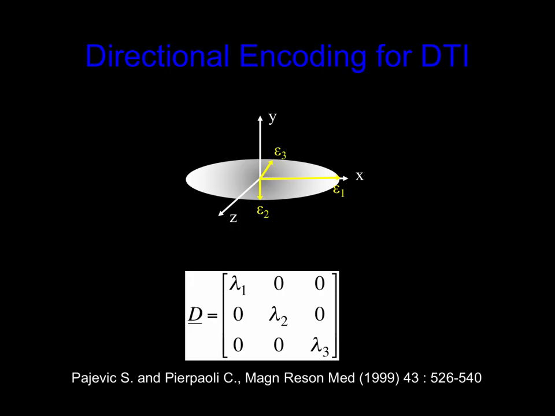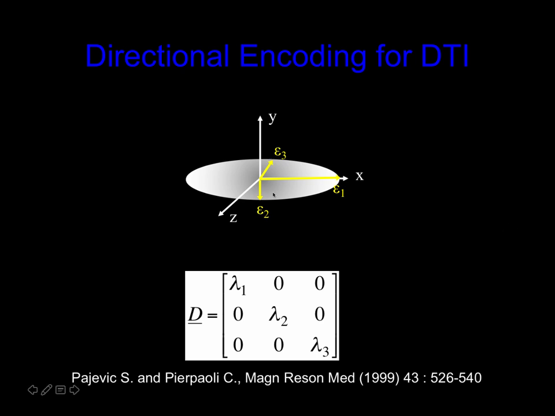So in addition to giving a parameter for how anisotropic the diffusion is, we can also try to get some information about how this ellipsoid is oriented in space. We can do what's called directional encoding for the DTI.